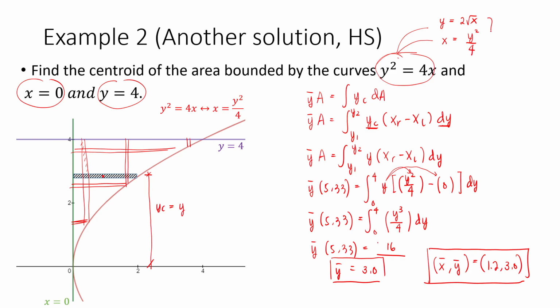With this knowledge, I already know which particular strip I'm going to use. I don't want to be dealing with radical expressions, so I want to deal with this one. Meaning I'm going with the horizontal strip. So that's one way of making a decision whether to use a vertical strip or a horizontal strip for your equations.